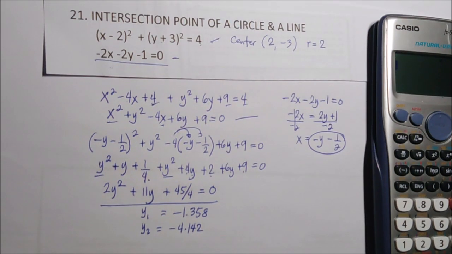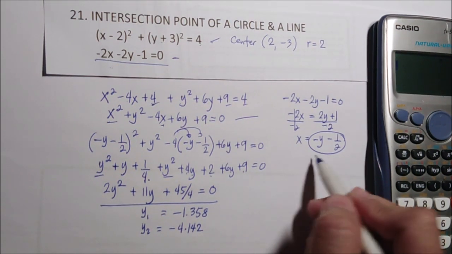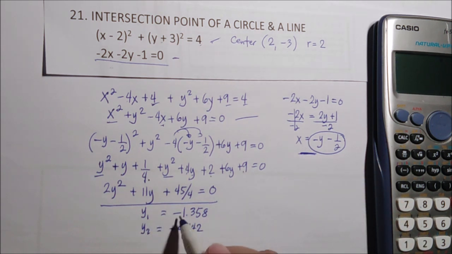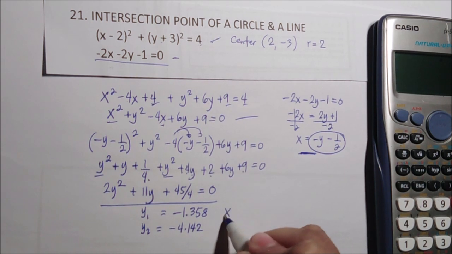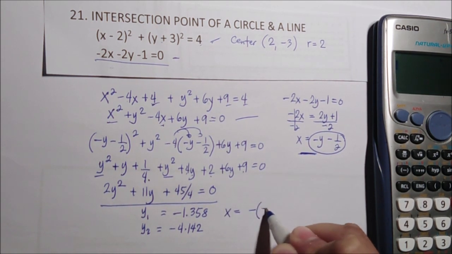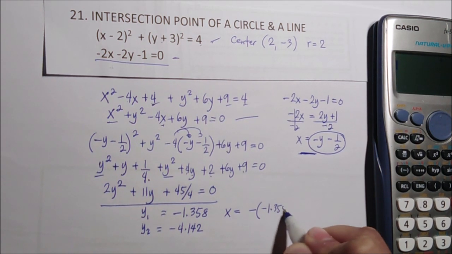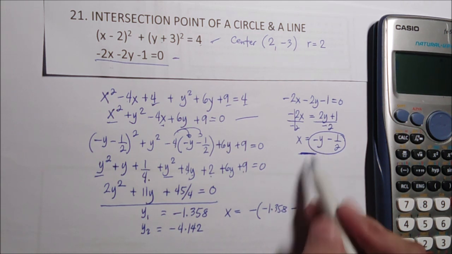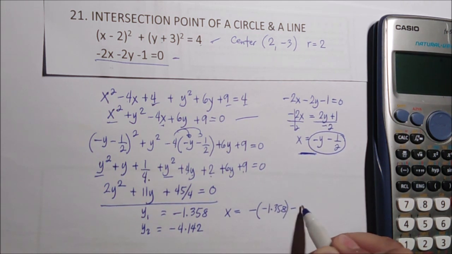So now using this, we will compute for the value of x. If y is −1.358, the value of x is negative y minus 1/2.